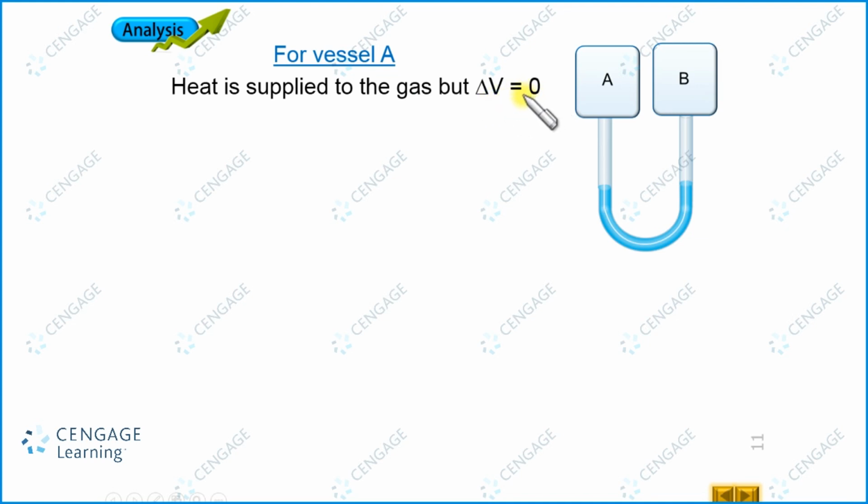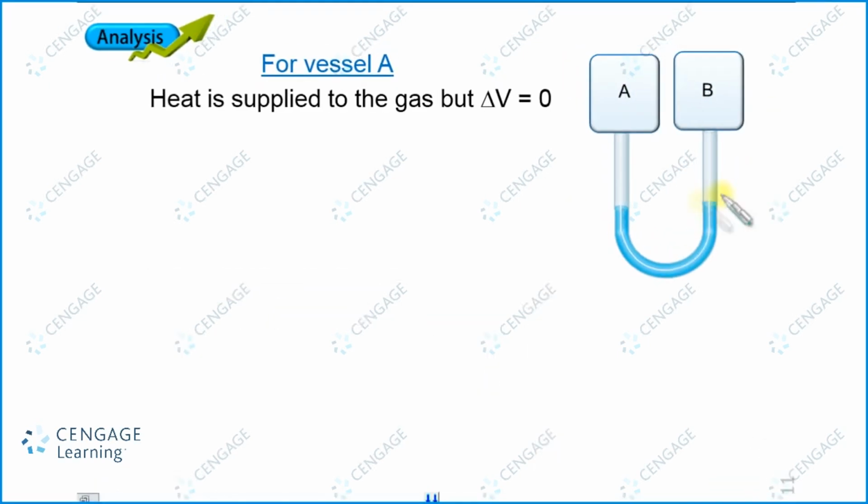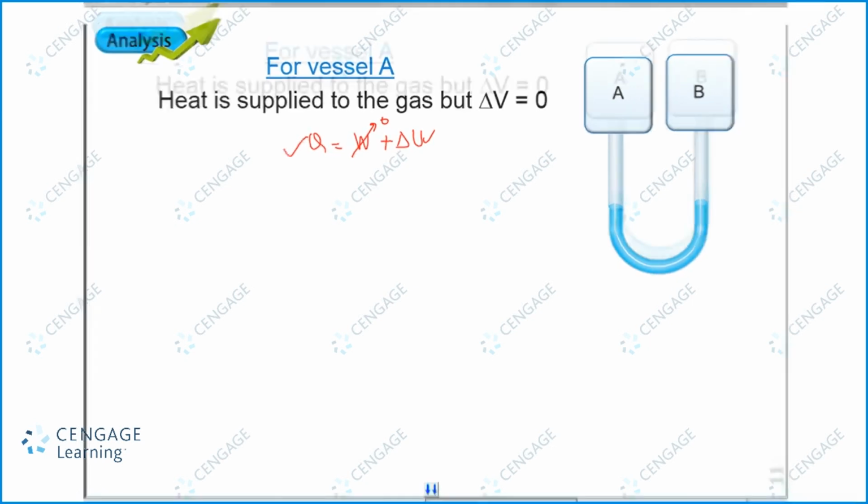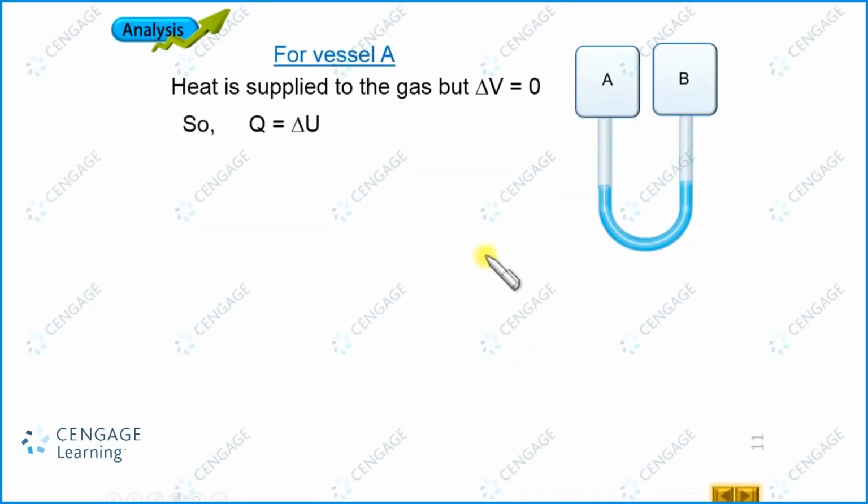If delta V equal to 0, there is no work done by the gas or on the gas. We have the first law of thermodynamics, Q equal to W plus delta U, and W is 0, so Q equal to delta U.